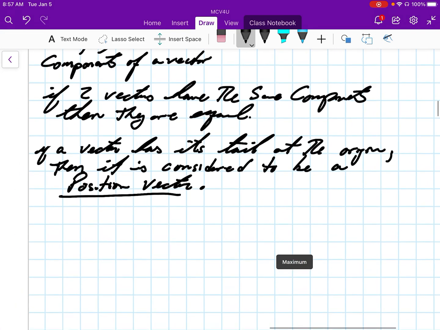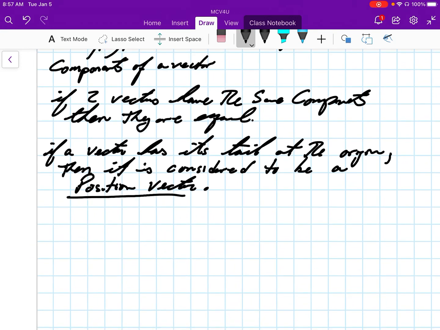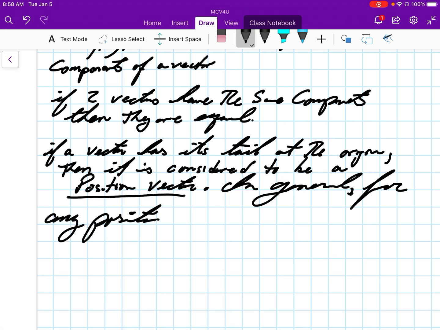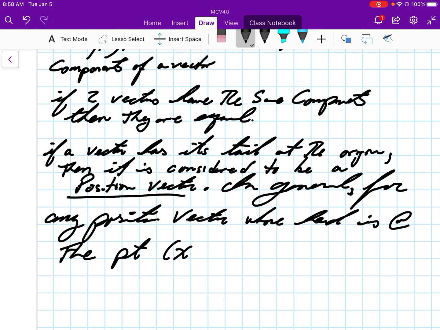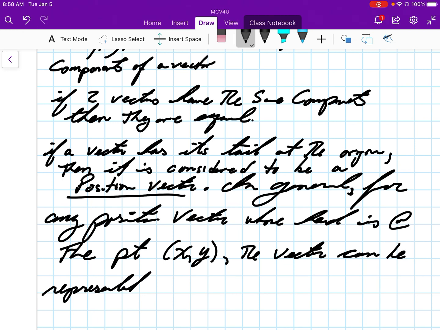In general, for any position vector whose head is at the point (x, y), the vector can be represented by square brackets x, y.